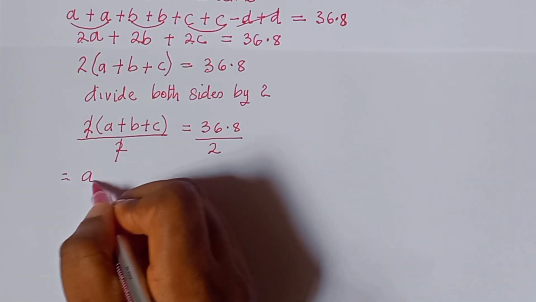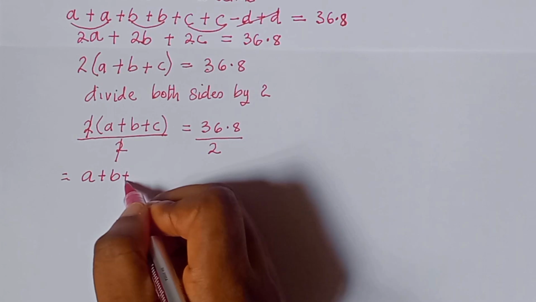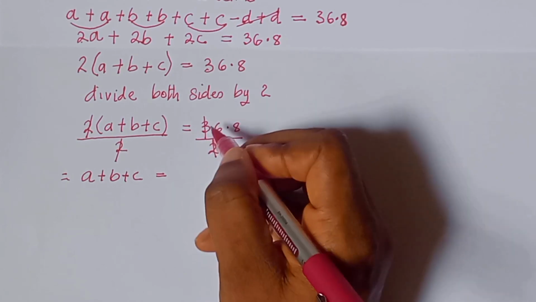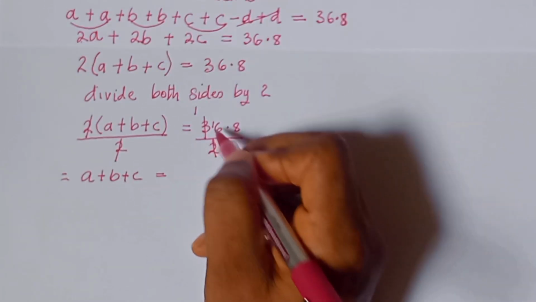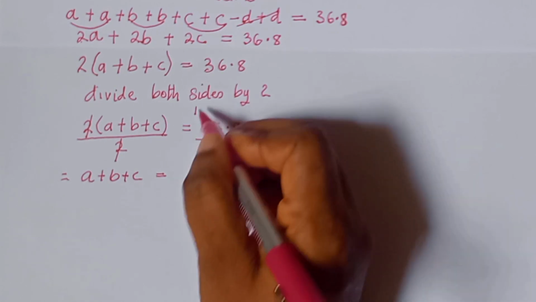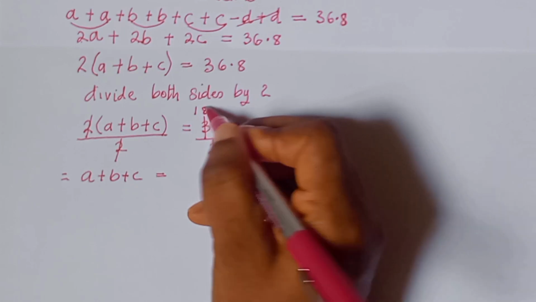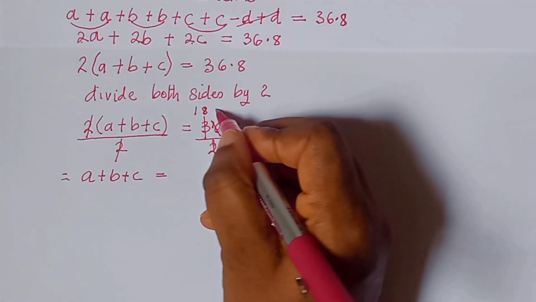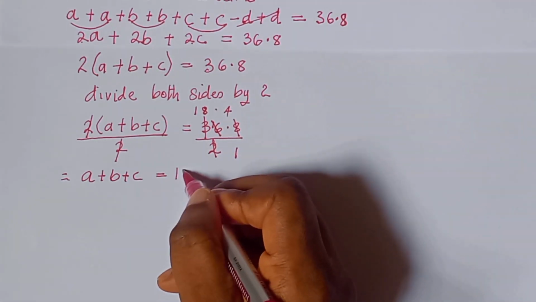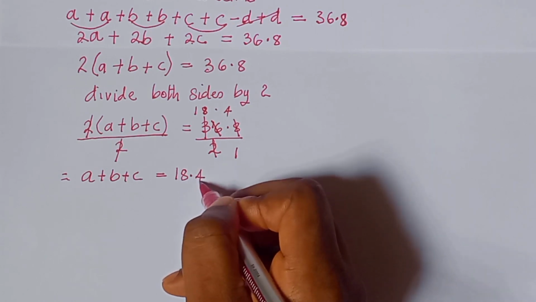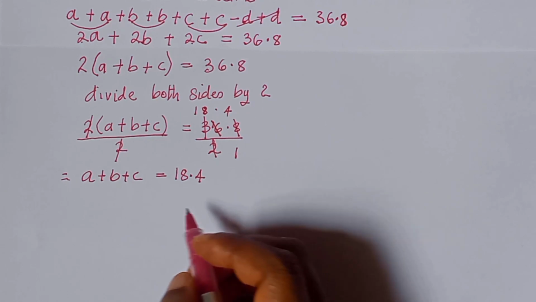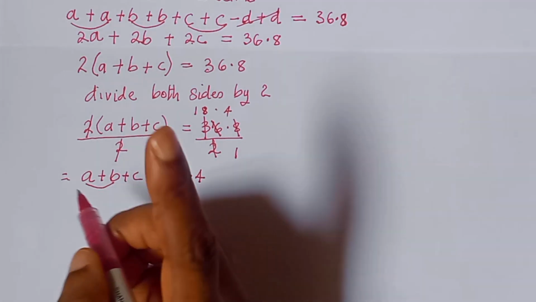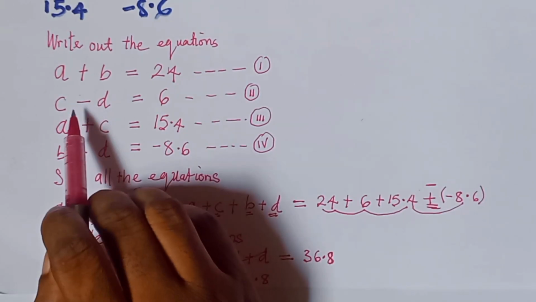So we have A plus B plus C equals 36.8 divided by 2, which is 18.4.